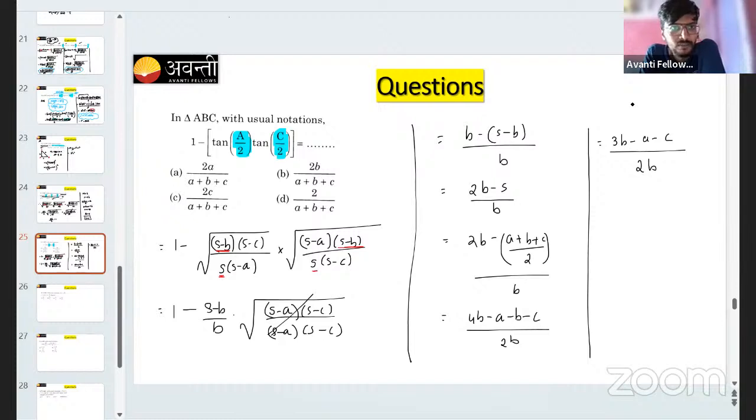1 minus tan A by 2 tan C by 2. The formula of tan A by 2 tan C by 2 is equal to, right? (s minus b)... will get cancelled. S is... 4b.